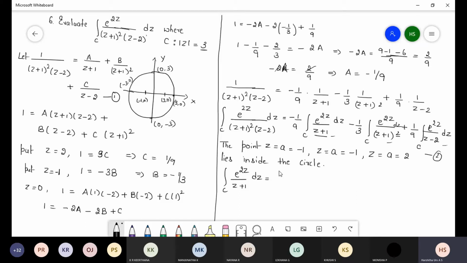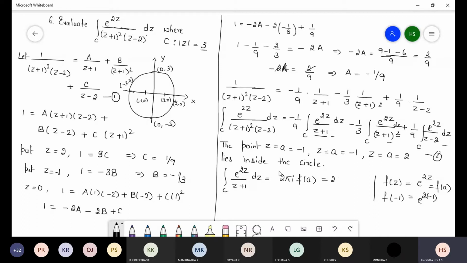What is that Cauchy's integral formula? 2 pi I into f of a, but f of z is equal to e power 2z, f of minus 1. So e power 2 into, in the place of z write minus 1.